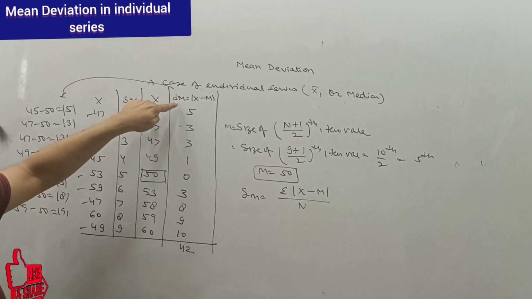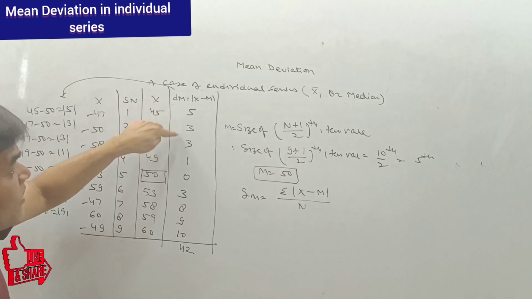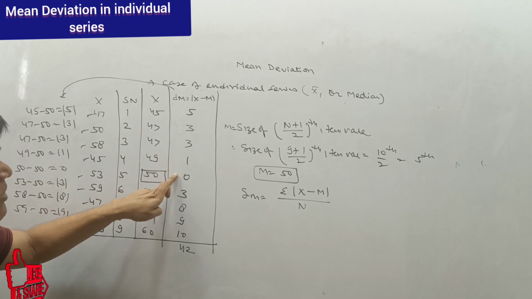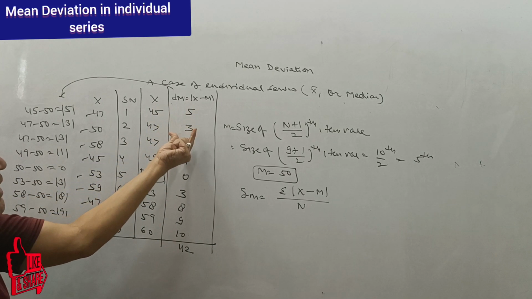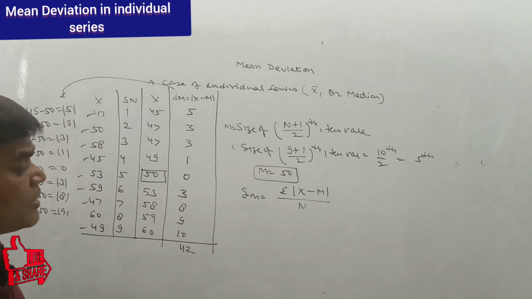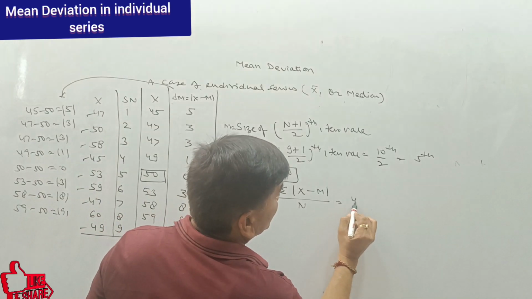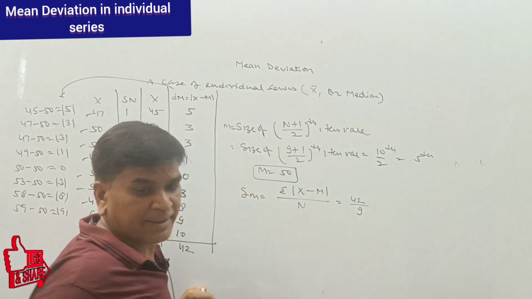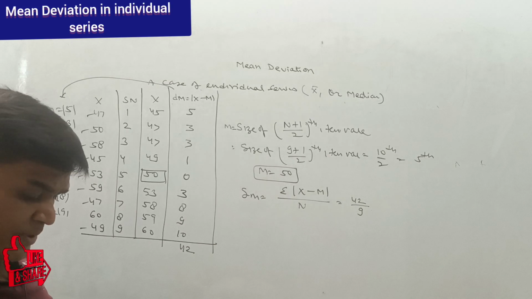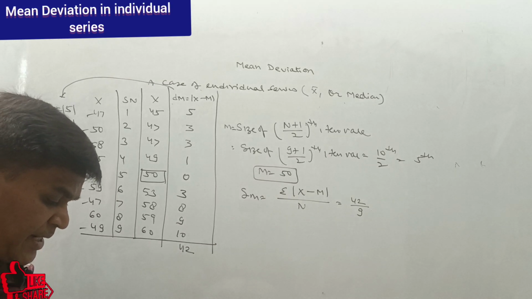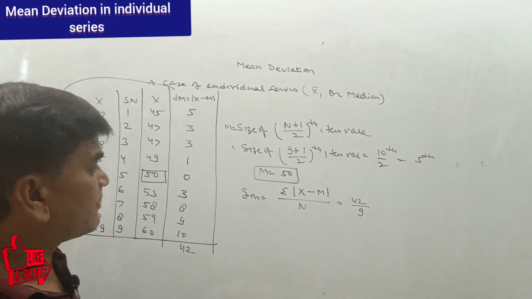So with x minus M, ignoring plus minus, we will not care about the plus minus value, all items will be treated as plus values. So the mean deviation is 42 divided by 9, that is 4.67.